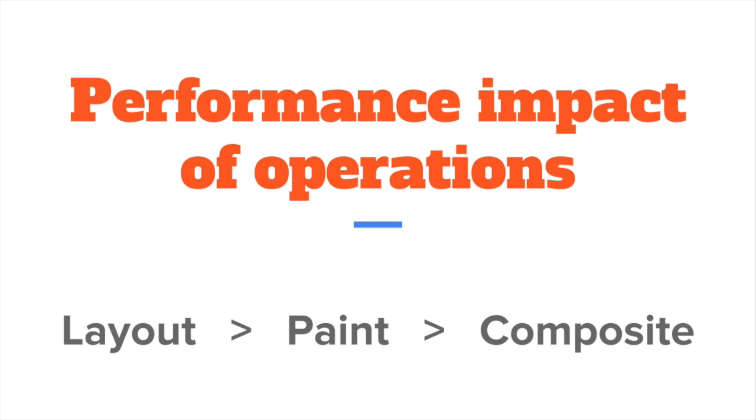And composite is the last operation, which is triggered by CSS properties like transform or opacity. You might have heard people say that you should use CSS3 animations, or CSS3 transform, instead of using JavaScript or some other paint operation. The reason is that only the composition operation is applied in the case of transform and opacity changes.